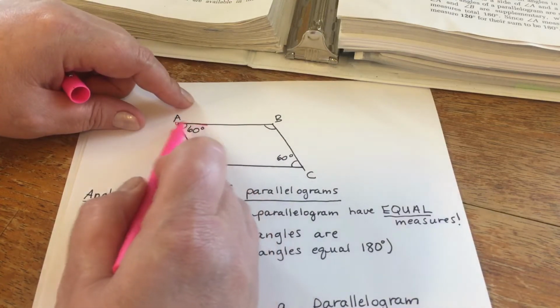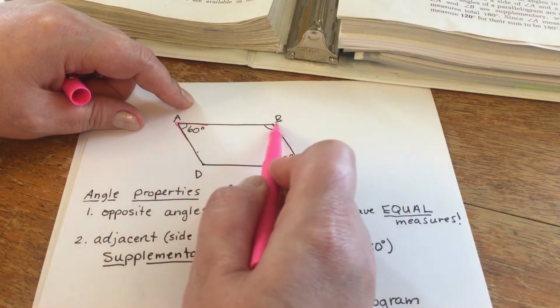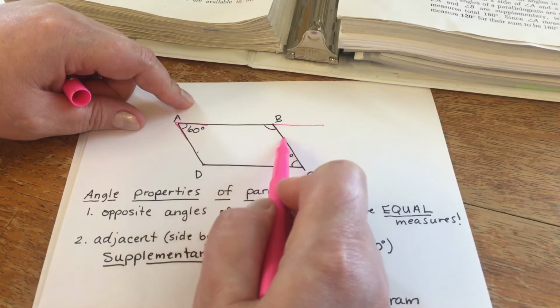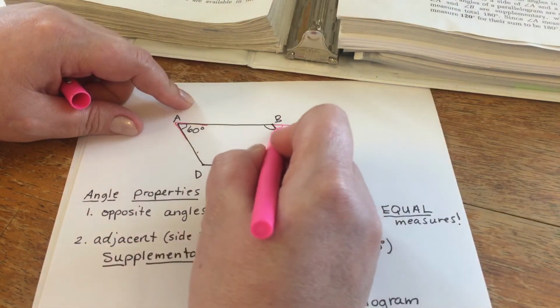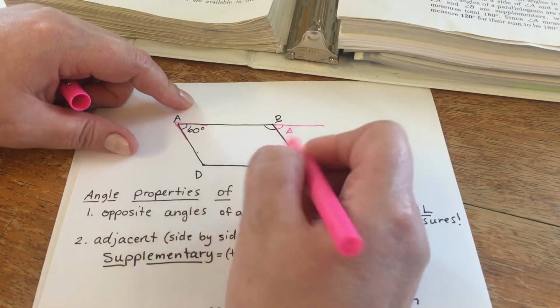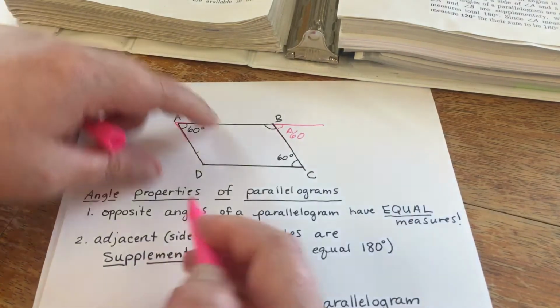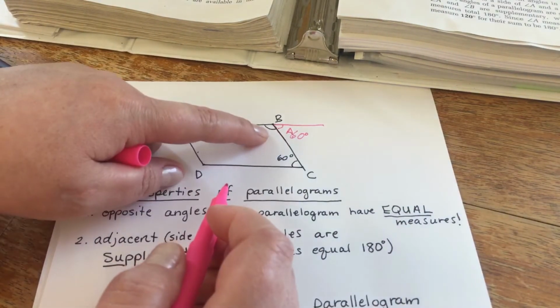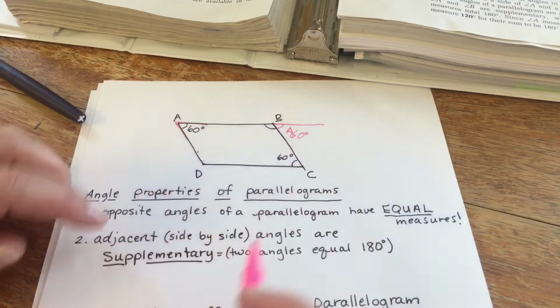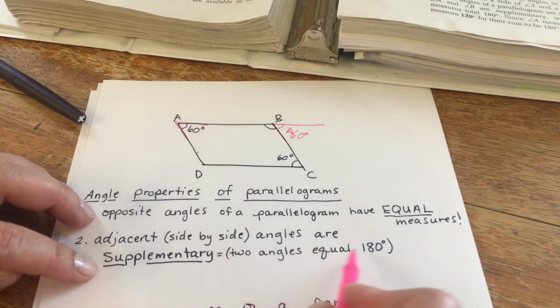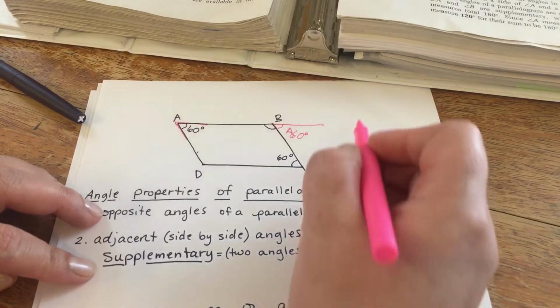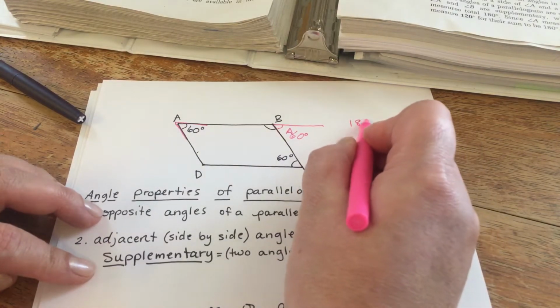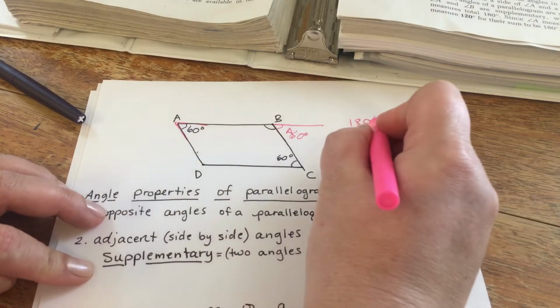So imagine that I have this angle A right here. This is 60 degrees. Since this is 60 degrees, what is this? Since it's supplementary, it has to add up to 180. So I'm going to take 180. Can you see that marker? Is it dark enough?